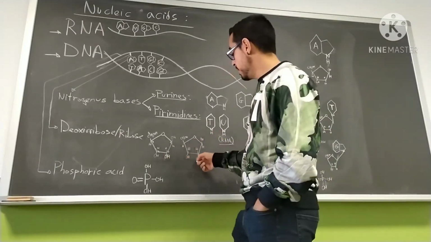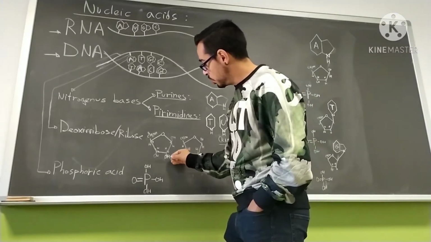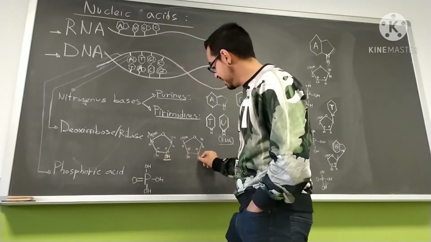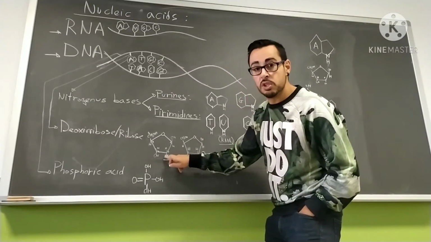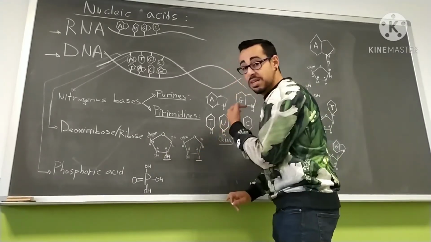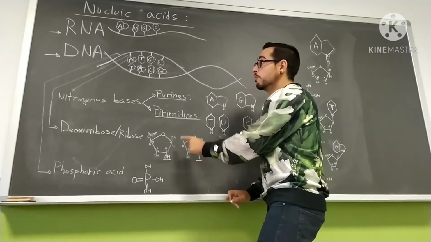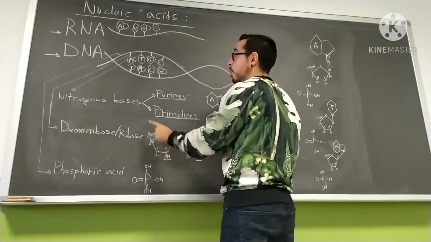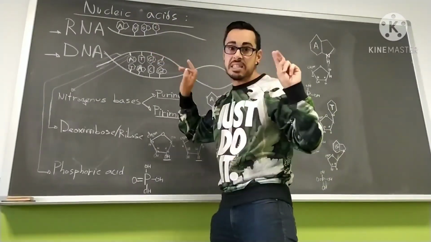Why do we call them that? We call it deoxyribose because this is the ribose and this is the deoxy. As you can see, there's an oxygen left, so that's the reason why we call it deoxy. This is deoxyribose for DNA and ribose for RNA, and they are the sticks.